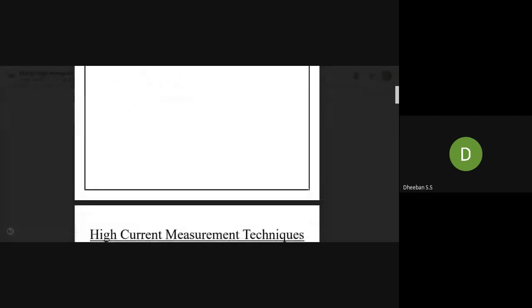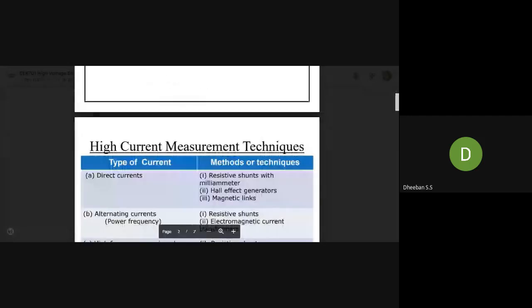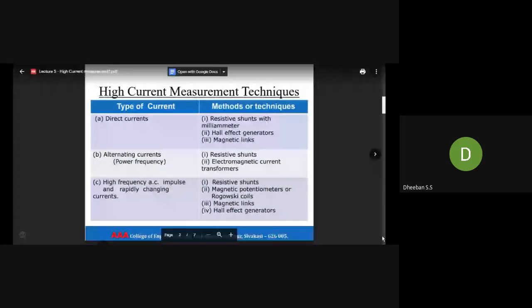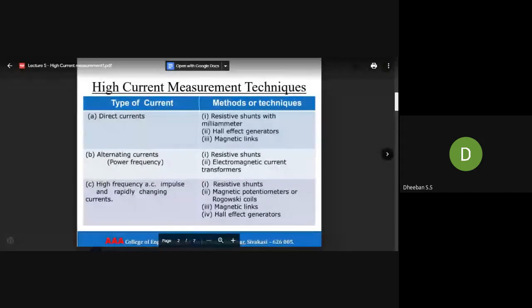So high current measurement techniques, similar to high voltage measuring techniques, can also be classified into three types, starting with DC or direct currents. Then we will be doing alternating currents. In the alternating current, one is of power frequency and another one will be of impulse, with a very high frequency.